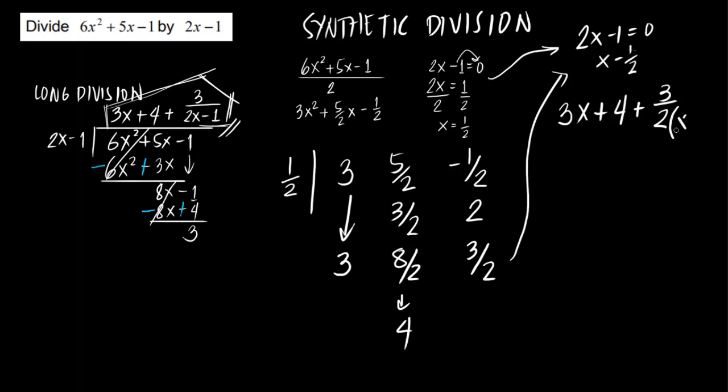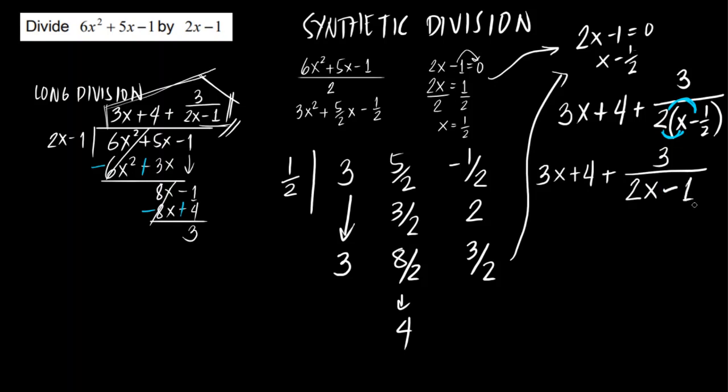So, the multiplier here should not be the original divisor. So, it is 3x plus 4 plus 3 as is, but the latter part you can still distribute. This gives you 2x. Change color. 2x. And then 2 times negative 1/2, it's negative 1.